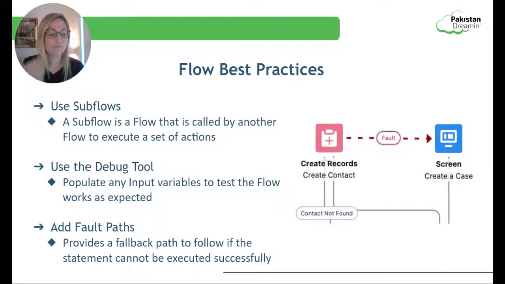In that instance, your user would get an error to say that it cannot execute your requirement. It would get one of those unhandled errors. But instead, we could use a fault path to say, if there isn't an email address, then what should happen next? So very, very powerful functionality, but very different, and something to be aware of and to research and learn how to apply before you get going with your flows.